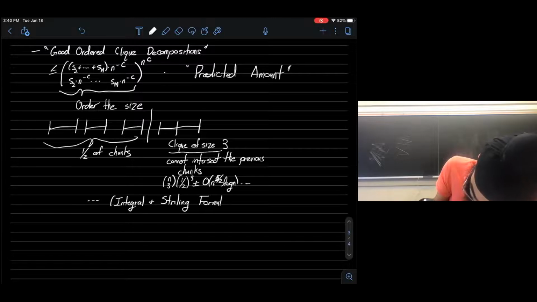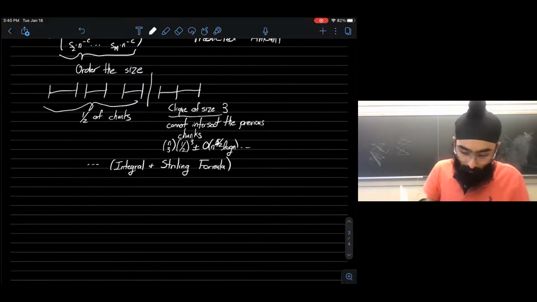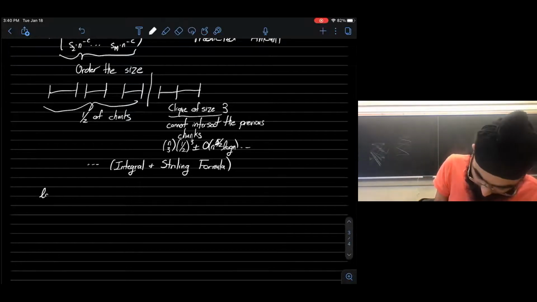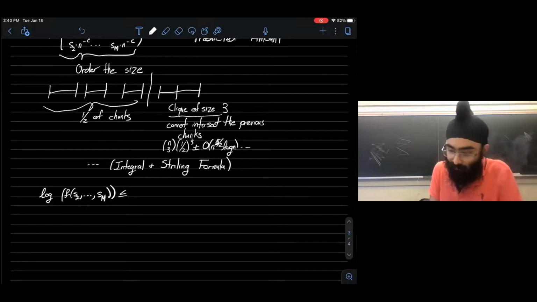And if you rearrange, I'm hiding just computation, but slightly annoying computation, you find that you get an upper bound on the log of f of S2 to Sm.